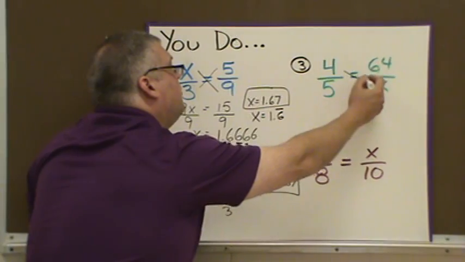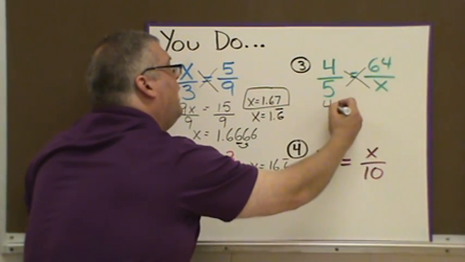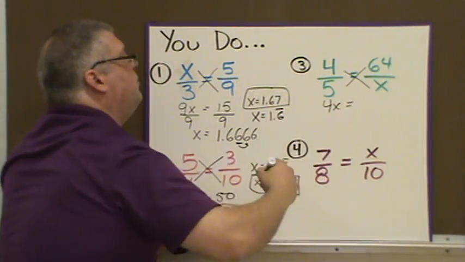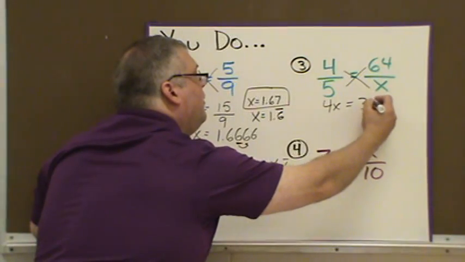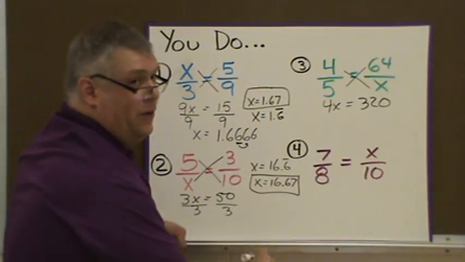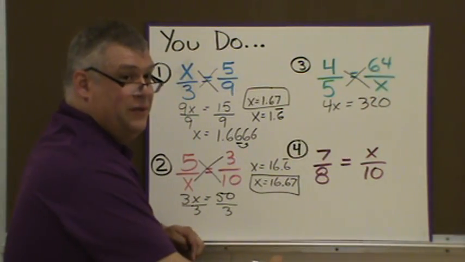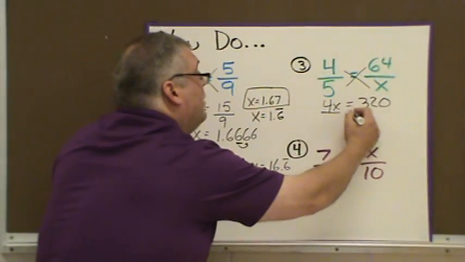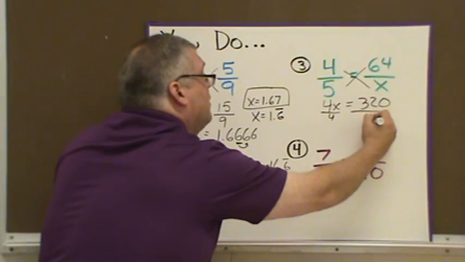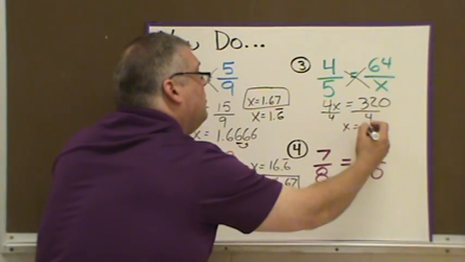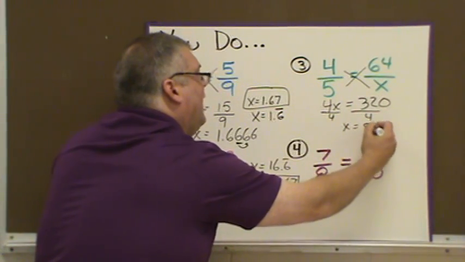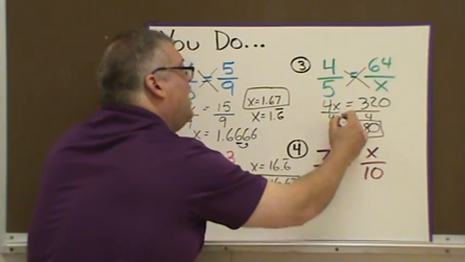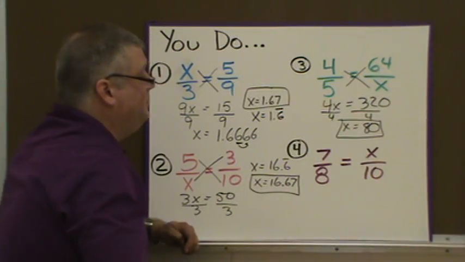Okay, here we cross multiply again. We're going to get 4x is equal to 320. I don't expect everyone to know what 5 times 64 is off the top of their head. Use your calculator. When you divide by 4, you're going to get x is equal to 80. This time it worked out to be a nice integer.